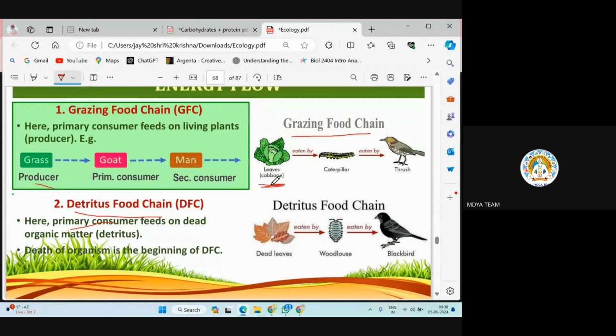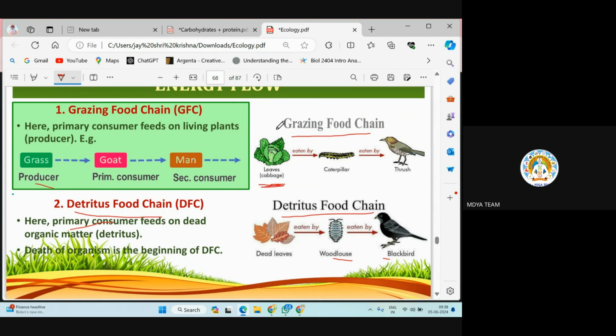Next one is the detritus food chain. It usually starts with the help of insects. For example, some insects like wood louse are not feeding on living plants; they are feeding on dead leaves or something. After that, these insects will be eaten by some birds. So this is the detritus food chain.